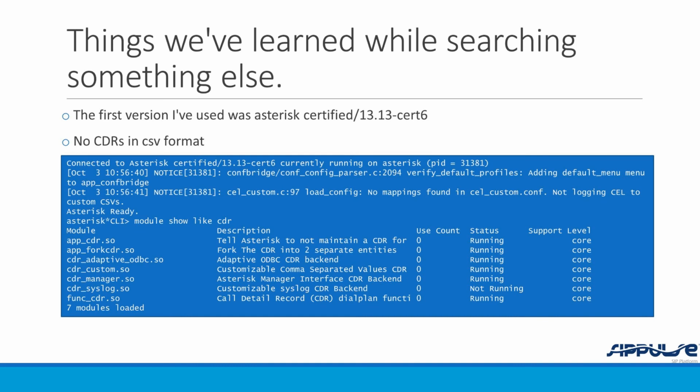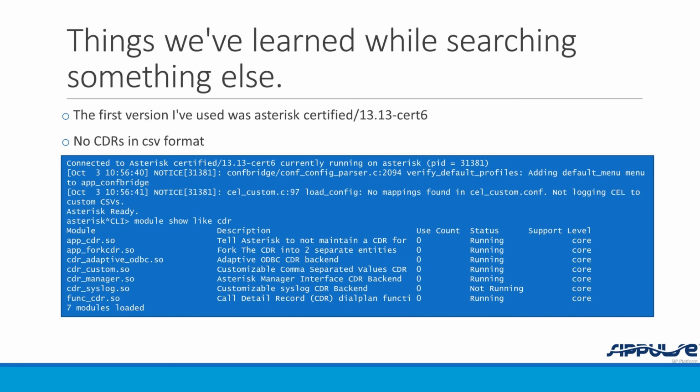Things we've learned while searching for something else. The problem I had with the Asterisk certified 13.13 was actually something really interesting. Just after upgrading to the latest version, I was getting very, very poor results.